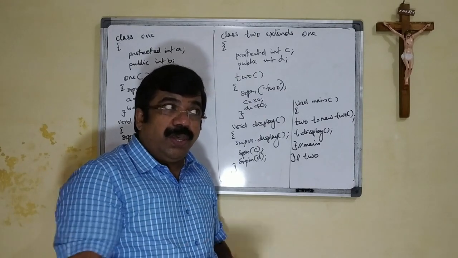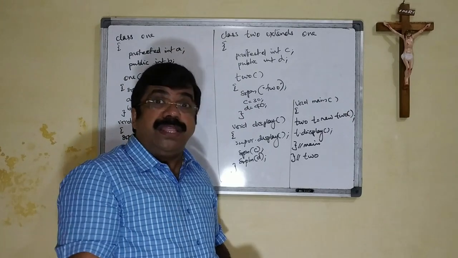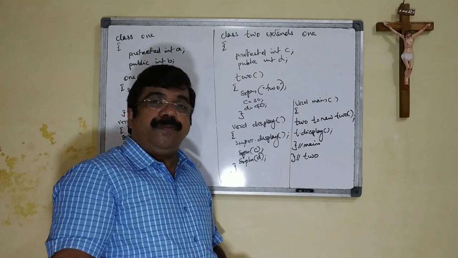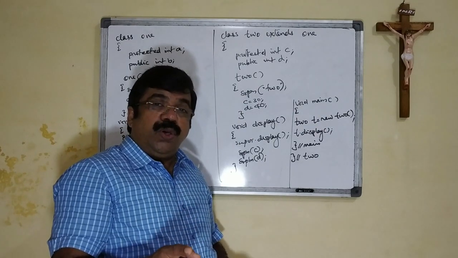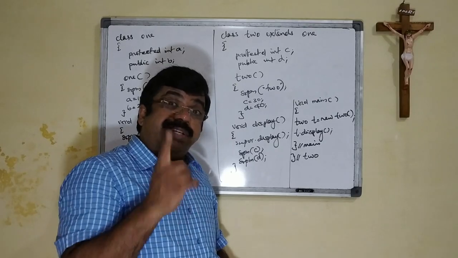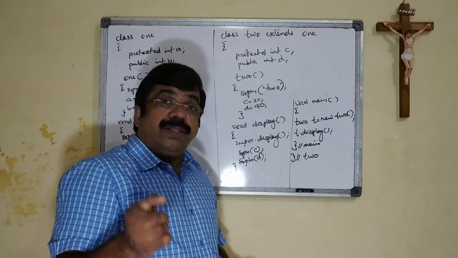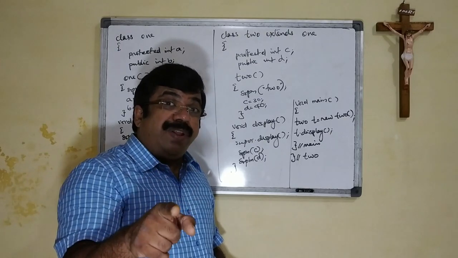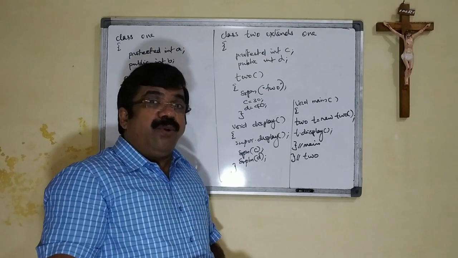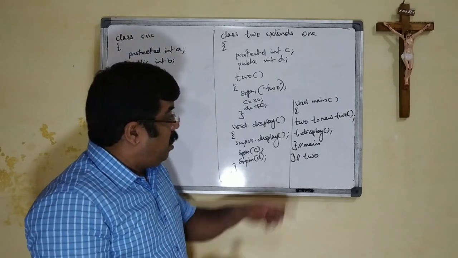The reason is, when we construct a building, without making the ground floor, we cannot make the first floor. So, in inheritance, whenever we have constructors for the base class as well as for the derived class, the constructor of the base class will be executed first, and only then the derived class. So what is going to happen?